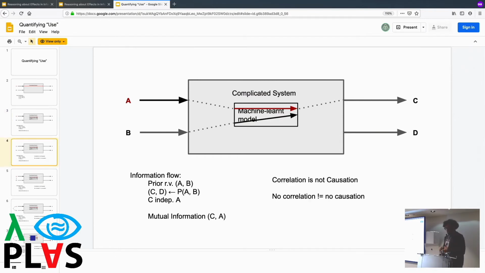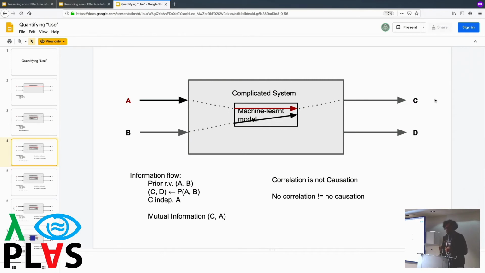But the problem is that there's this famous saying that correlation is not causation, and a variant of that is that you cannot test causation using correlation. So if there is no correlation in something, that doesn't mean that thing wasn't used. For example, if A is not correlated with C, that doesn't mean A was not used in computing C. The standard example would be encryption.